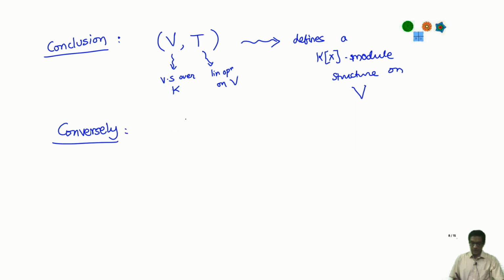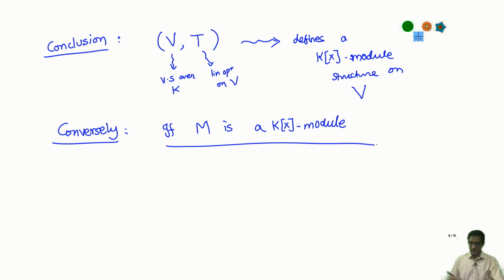So suppose I am given a K[x] module. Conversely, if V is a K[x] module, maybe we will call it M, let us call this M. Suppose M is a K[x] module, then from this M I can extract a vector space and a linear operator as follows.